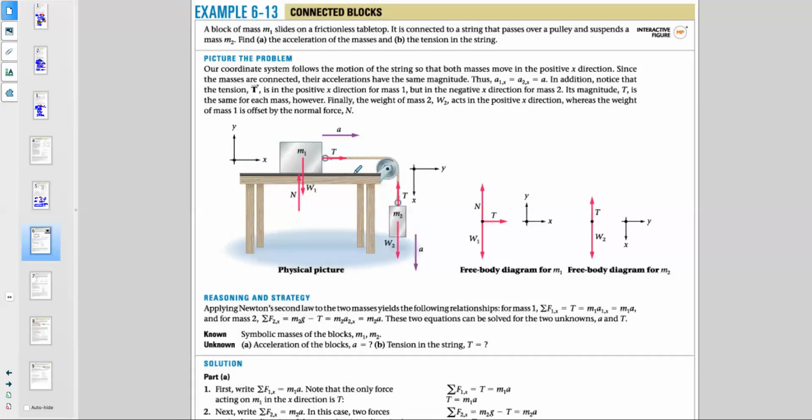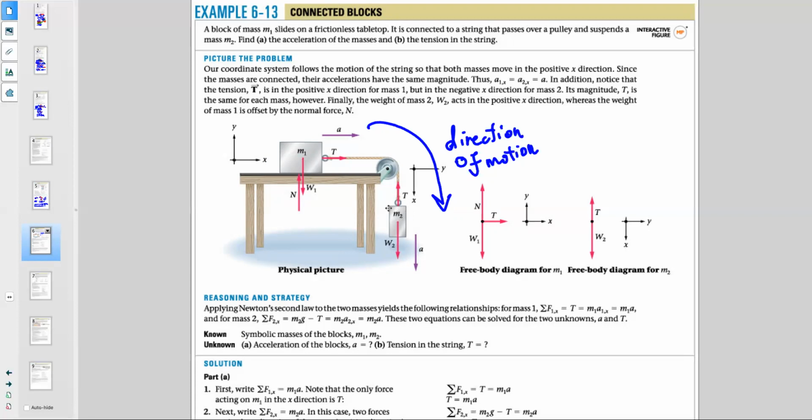Because there is no acceleration right there, if I want to write it down, we know what direction the objects are moving. They're all moving in this direction, so this is the direction of motion. Then I have W1 as being down, N being up, W2 being down, and T being up.